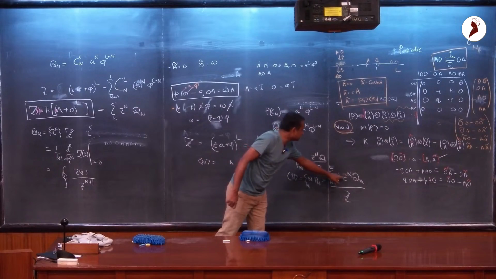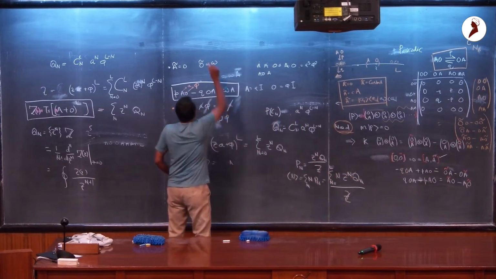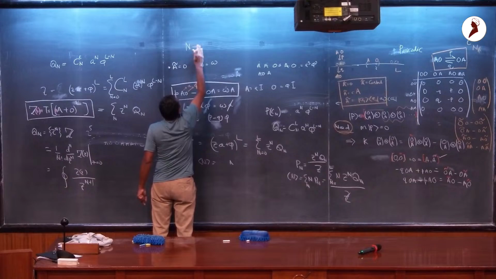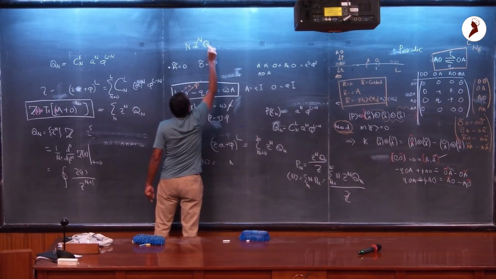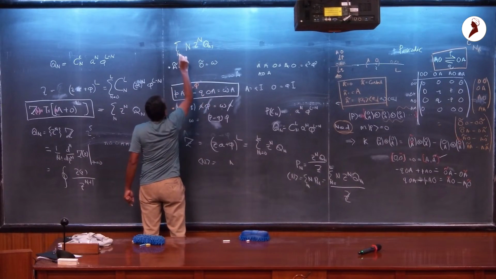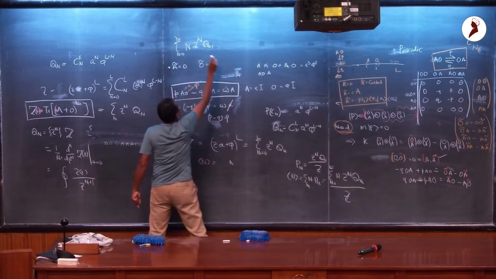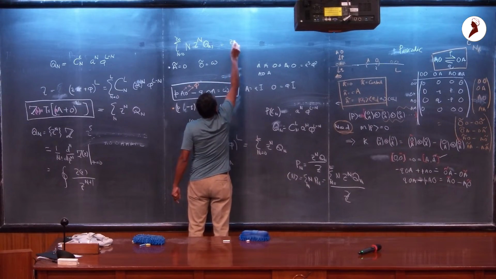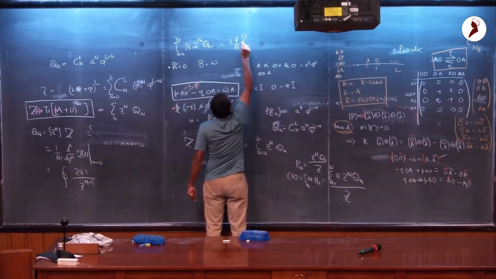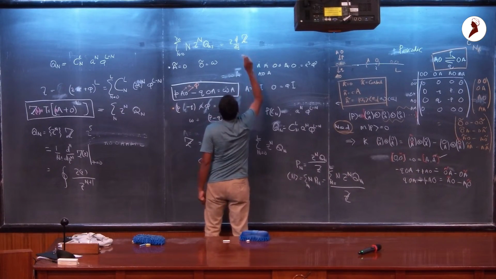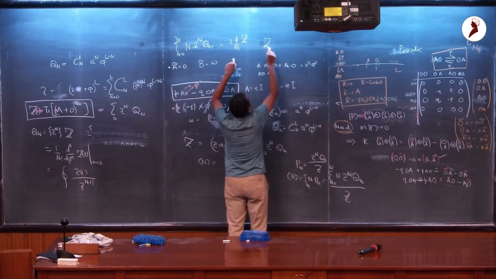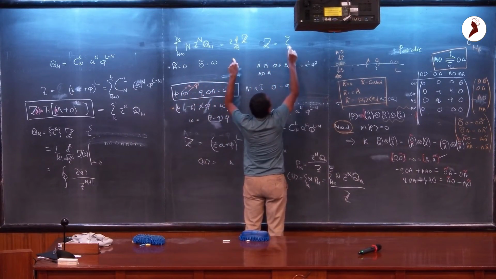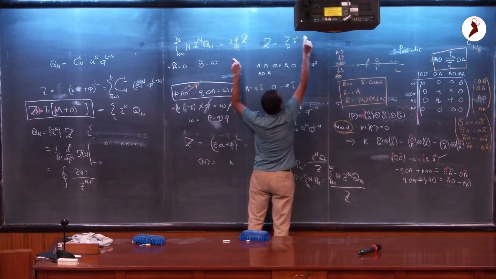This one, n z to the power n Qn, so small z to the power n Qn, summation over n equal to 0 to infinity, equals z d by dz of capital Z. Is it correct? Because your capital Z equals summation over n of z to the power n Qn.